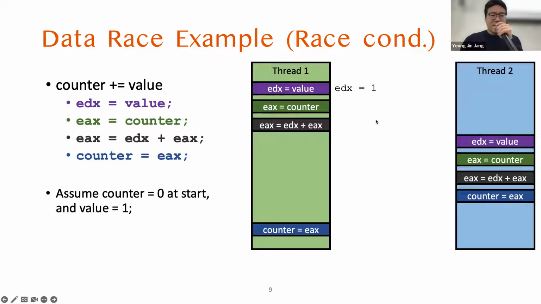So the problem is that we can load the value, load the counter, and then add the value. But before storing this newly computed value to the counter, if another thread starts to run and loads this value, then, even if thread 1 started first and tried to update the counter, that value has not been stored yet, so thread 2 can fetch the old value.